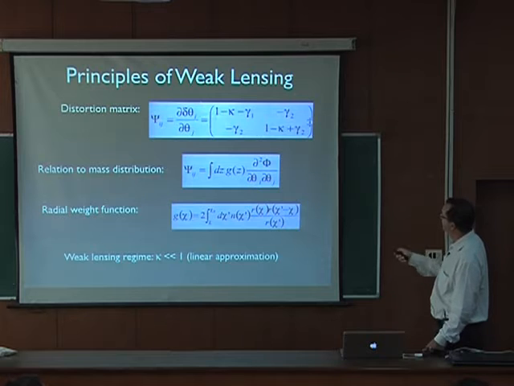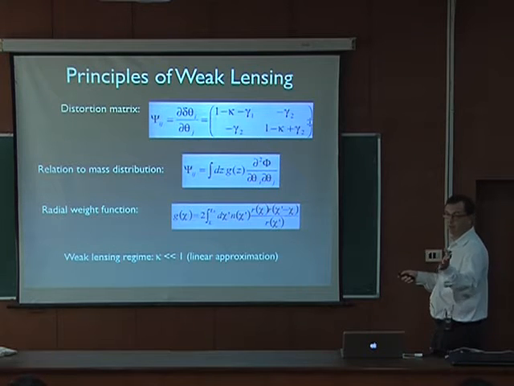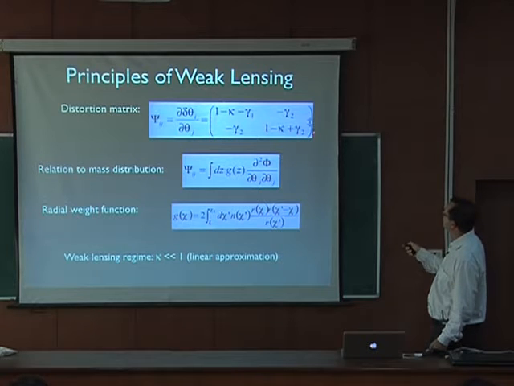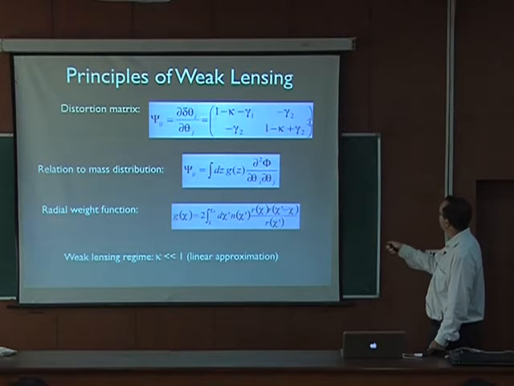So the weak lensing is characterized by this distortion matrix that we looked at before. It's a 2x2 matrix, which can be parameterized as an identity matrix plus a trace, which we call the convergence, and the trace-free part, which is characterized by this gamma 1 and gamma 2, which are the shears.